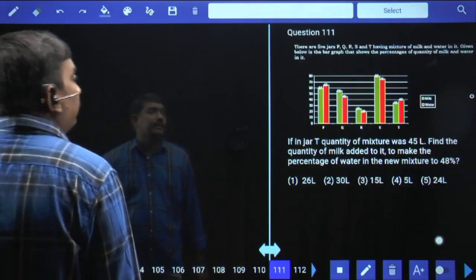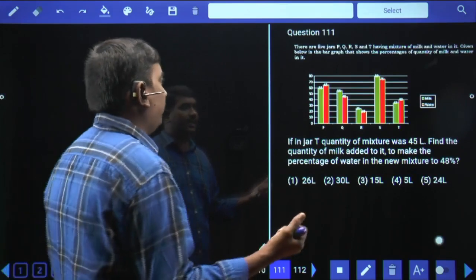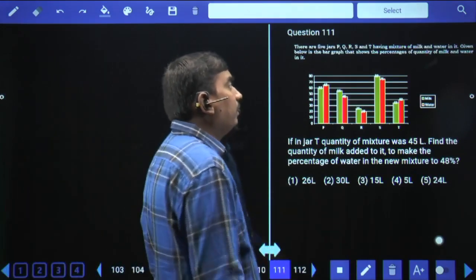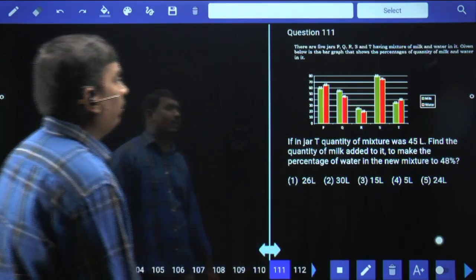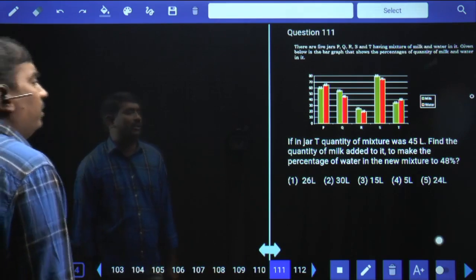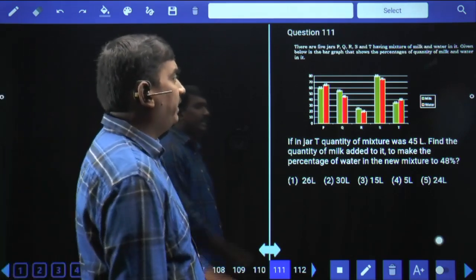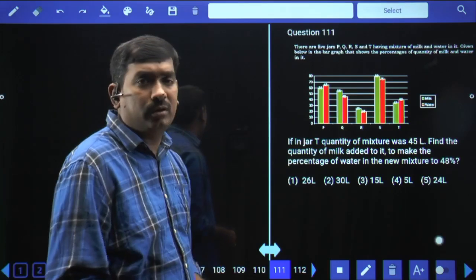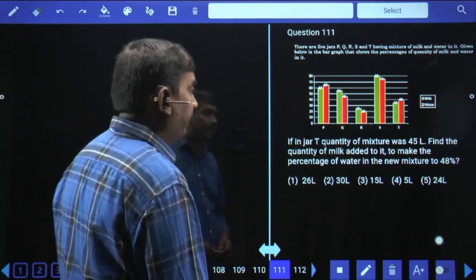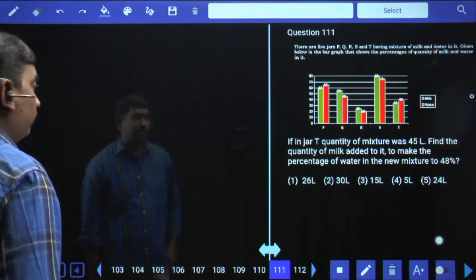Next. There are 5 jars P, Q, R, S and T having a mixture of milk and water. Given below is the bar graph that shows the percentages of the quantity of milk and water in them.